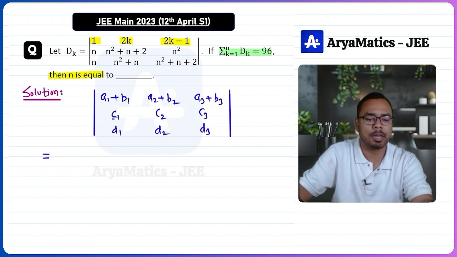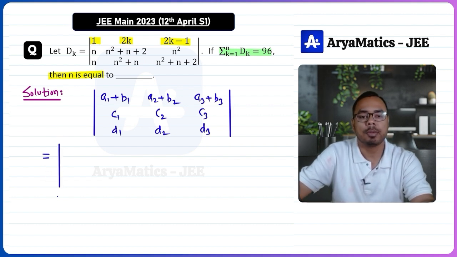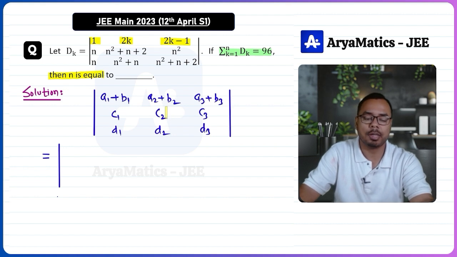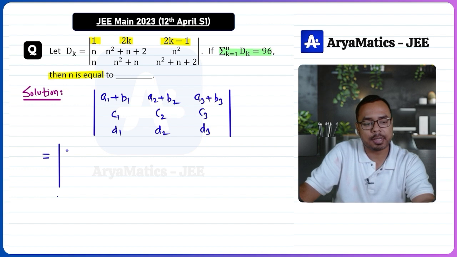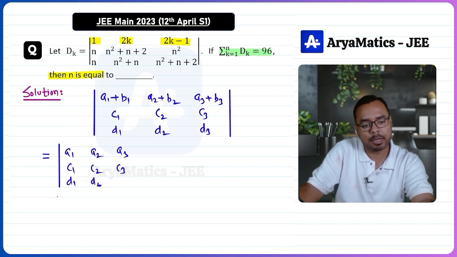And this is true whether you have two elements in any one row or any one column, provided the other two rows or other two columns are the same. So here you can write this as a sum of two determinants. For the first determinant, the first row will be a1, a2, a3, and the second and third rows will be the same: second row c1, c2, c3, and then d1, d2, d3.